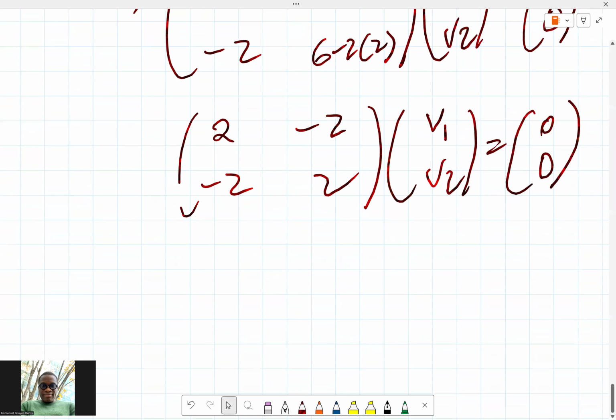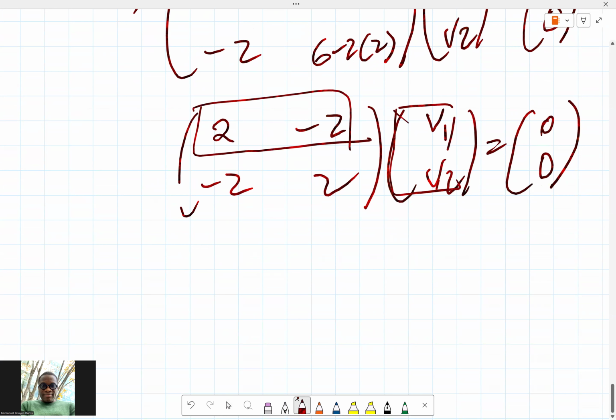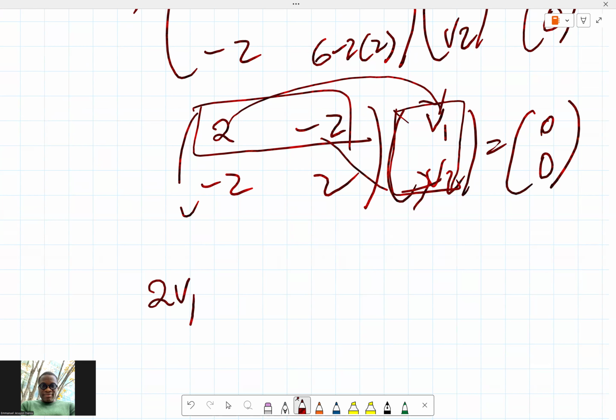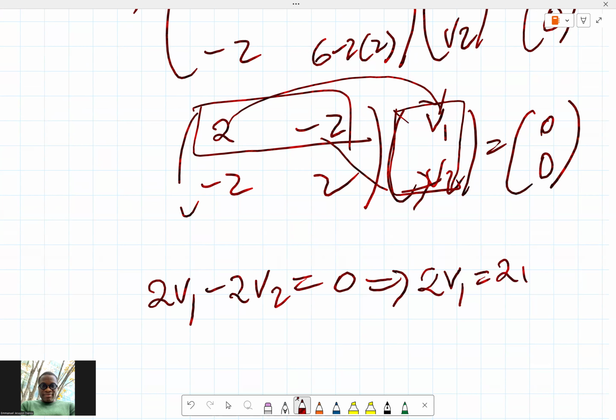Just like what we always do, we have 2 multiplied by v1 and minus 2 multiplied by v2. That is 2v1 minus 2v2 equals 0. That implies that 2v1 is equal to 2v2 and v1 equals v2.